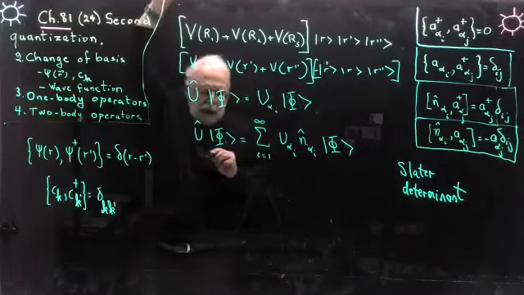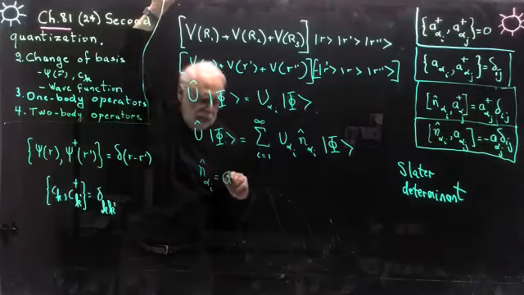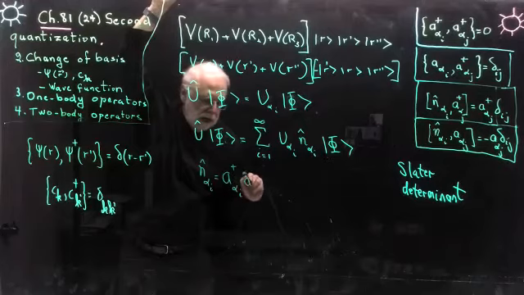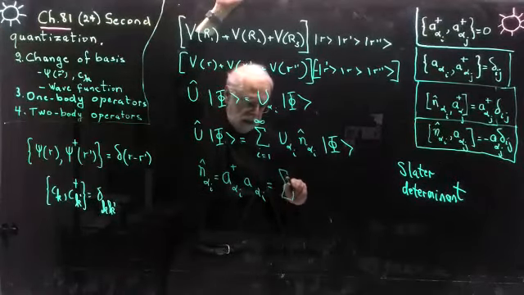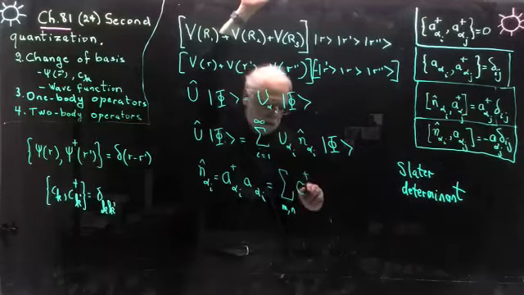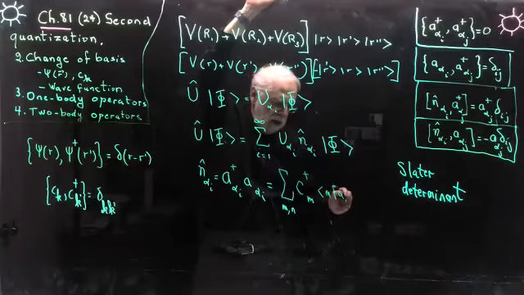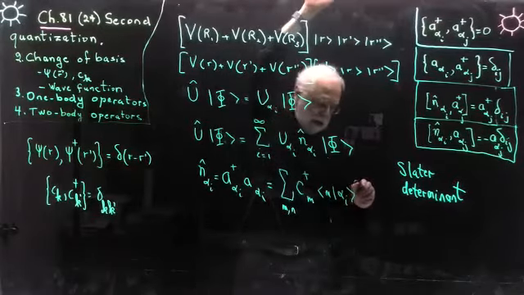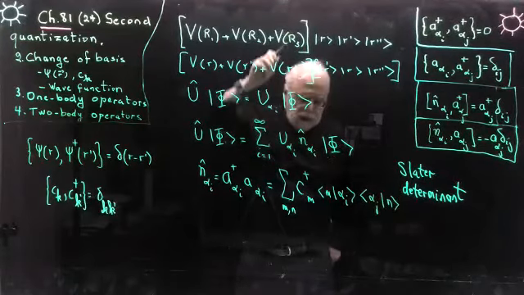And if we write n of alpha I as a dagger of alpha I, a of alpha I, we can write this as a sum over m, n of c dagger m, m, alpha I, and then alpha j, n, times the Cn.